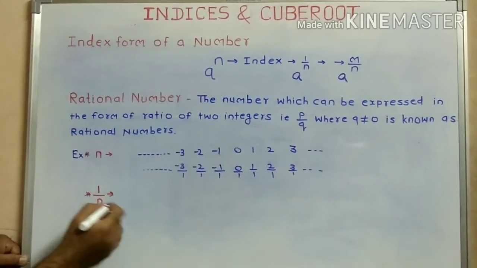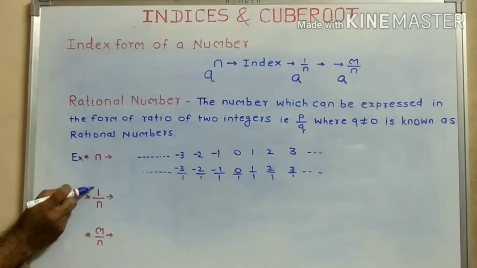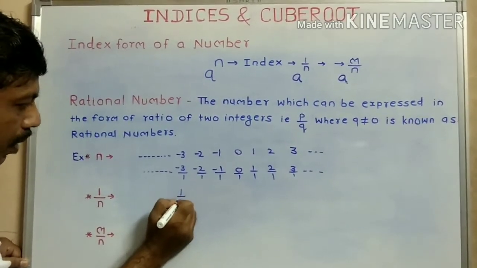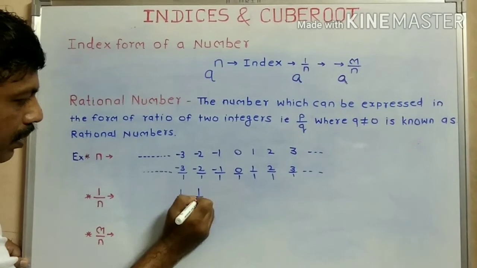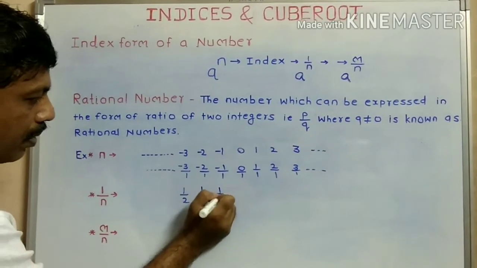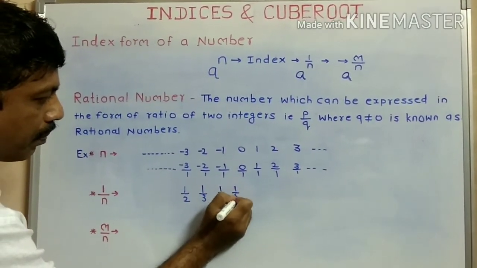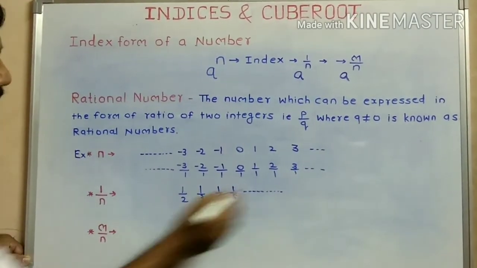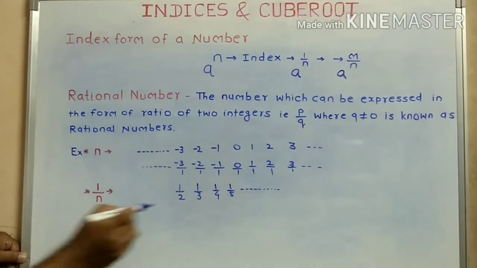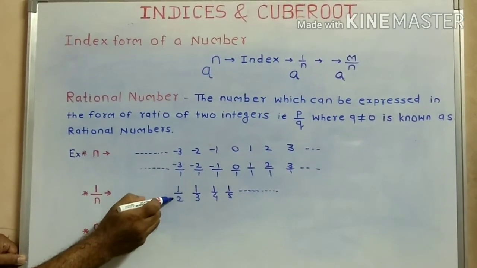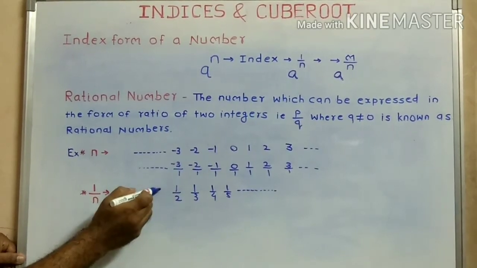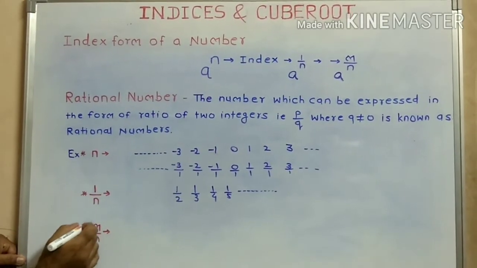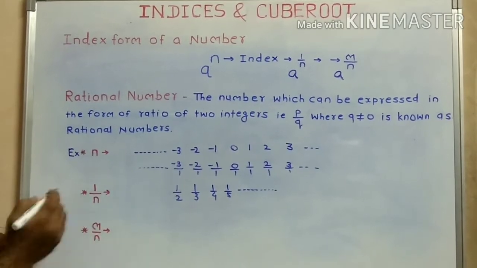Now, there are certain types of rational numbers like 1 upon n. Suppose, for example, 1 upon 2, 1 upon 3, 1 upon 4, 1 upon 5 and so on. You can write it up to 1 upon n. It means that such types of rational numbers can act as an index here. Now there is a third form of a rational number, that is m upon n.